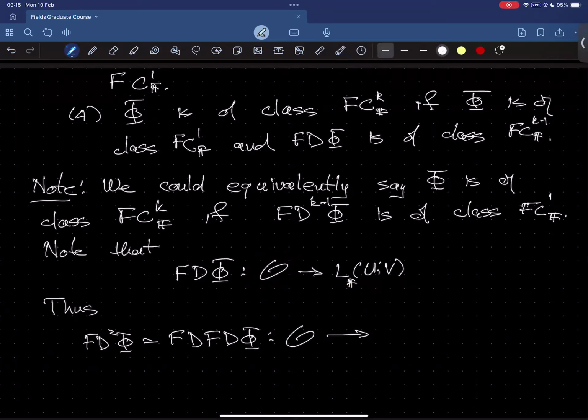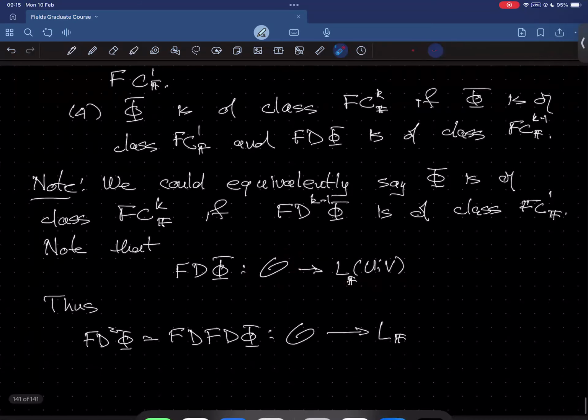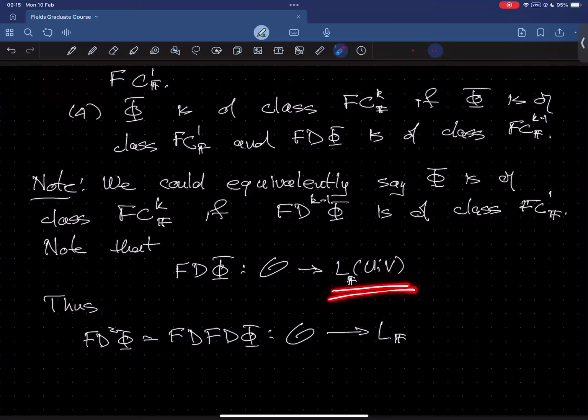Okay, but I'm really here not concerned with what the definition looks like, but just in terms of what its domain and codomain is. And the codomain will be linear mappings. Okay, so the idea is that U is still U because O is an open subset of U, but V gets replaced with this L(U, V). Okay, so it's L(U, L(U, V)). Okay, so that's kind of tedious.